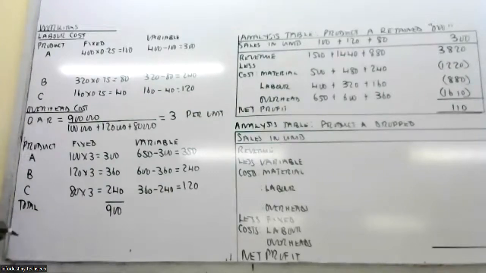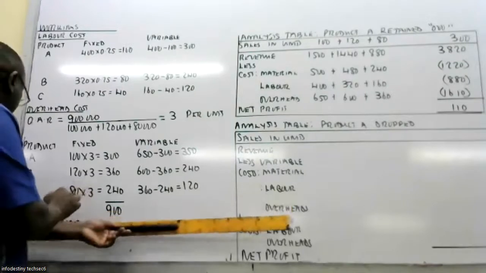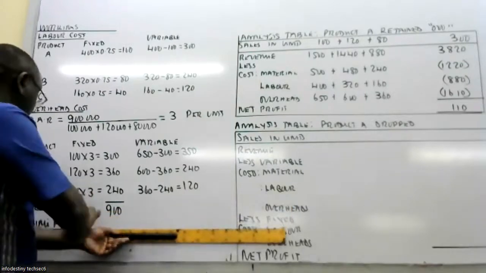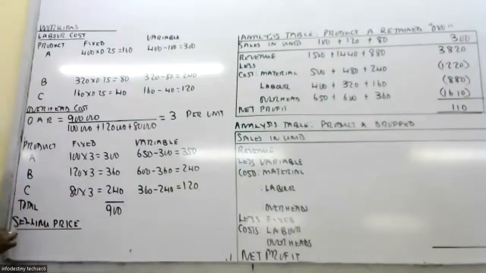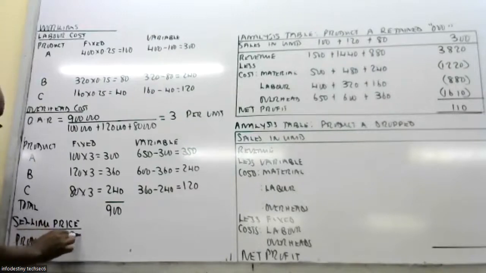Kuna kitu kingine wamesema that we may require a working selling price for product C. The selling price for product C right now, product C iko na revenue ya 880,000 and the units are 80.